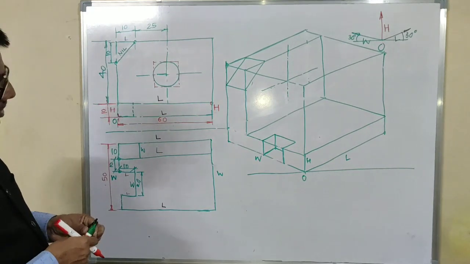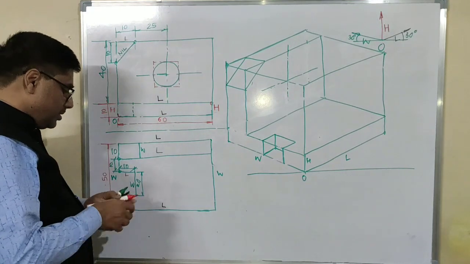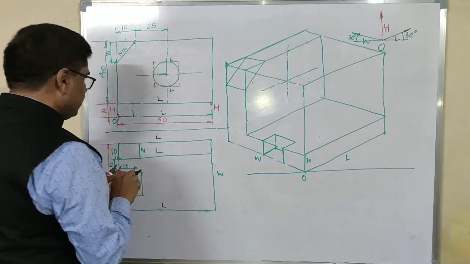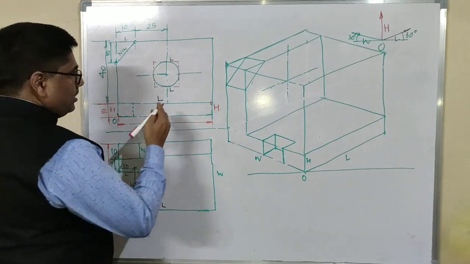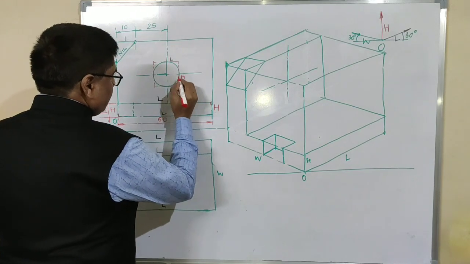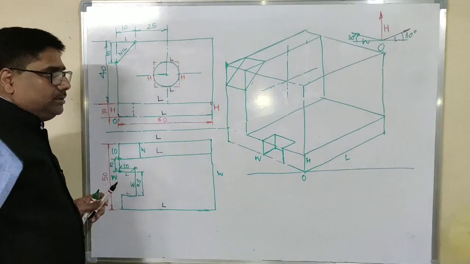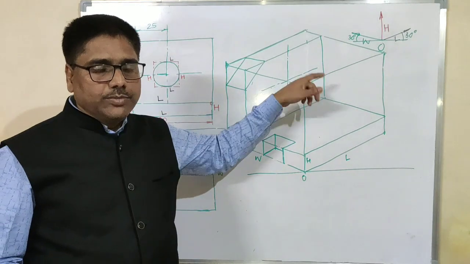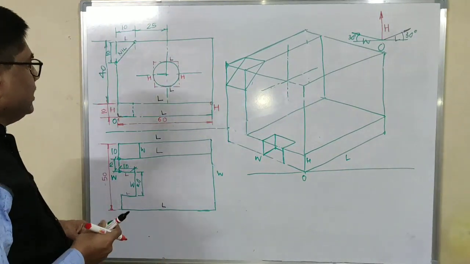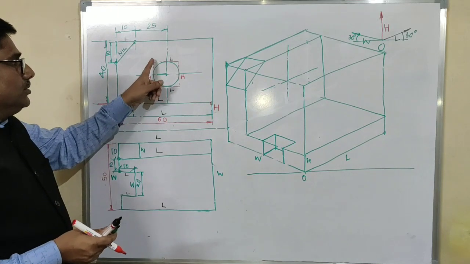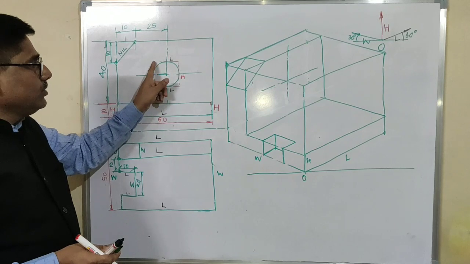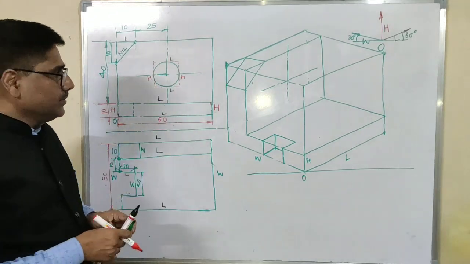Two of the sides of this square are parallel to length, and the remaining two sides are parallel to height. Therefore, constructing the rhombus for drawing isometric of this circle in isometric view, we need to draw two lines of the rhombus parallel to height and the remaining two lines parallel to length.